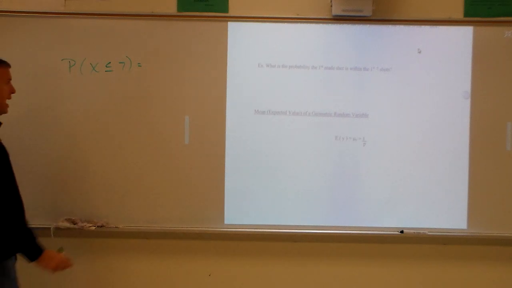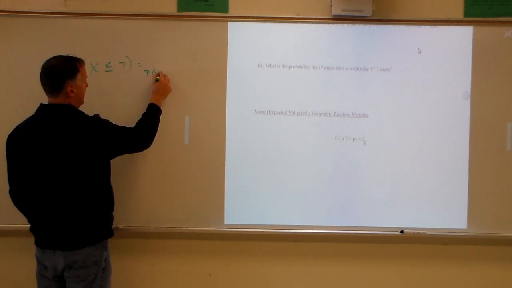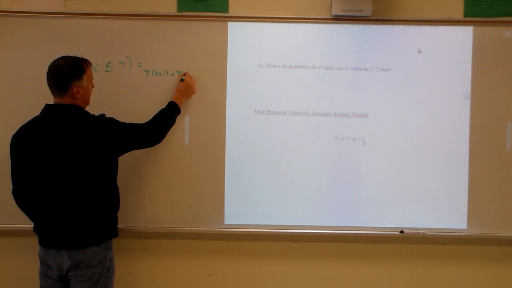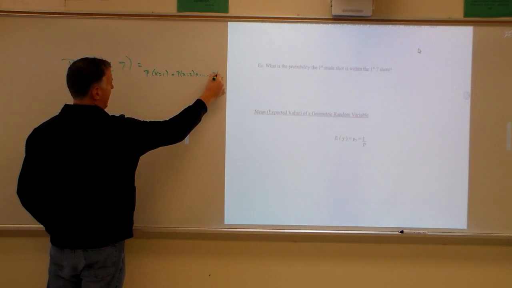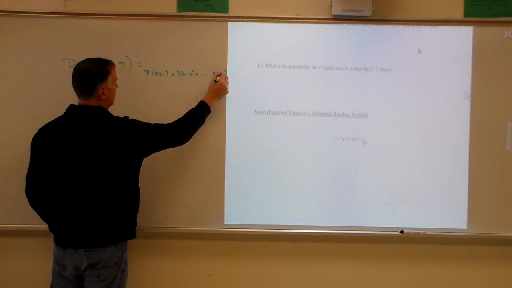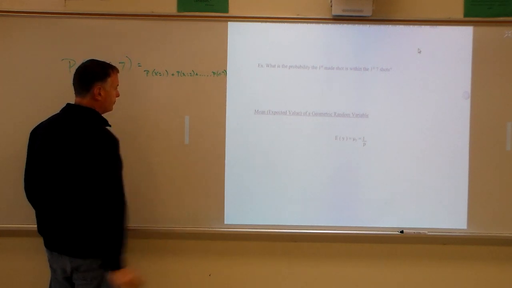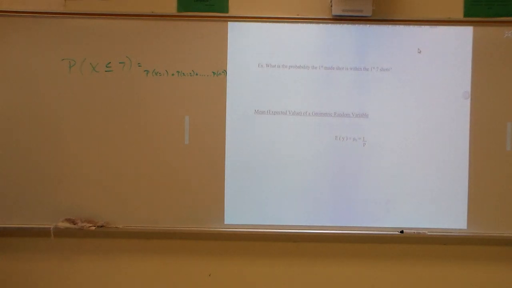So, we could do that as the probability that X equals 1, plus the probability that X equals 2, plus the probability that X equals all the way to 7. You could add all those probabilities up. Or we can use the old GeoCDF and see what you get.